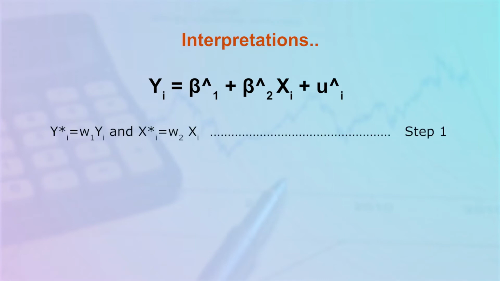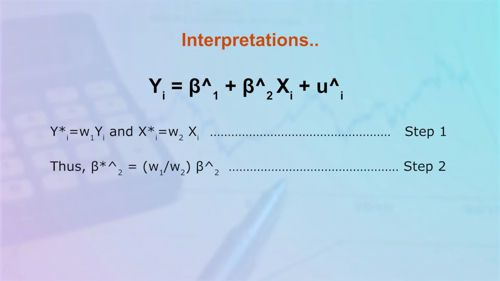That means original yi is converted to yi star and original xi is converted to xi star because they are multiplied with their respective weights, w1 and w2. In our example, w1 and w2 are the same, but it might not be the same in all cases. Next, we take the help of the estimated coefficient beta star hat 2, that is after the scaling of the model is done.